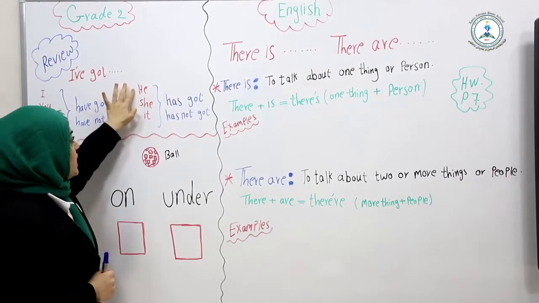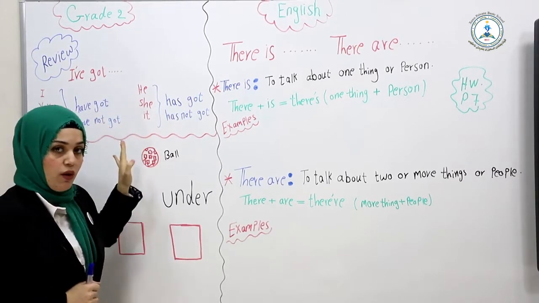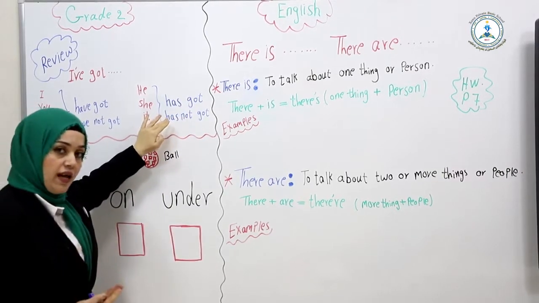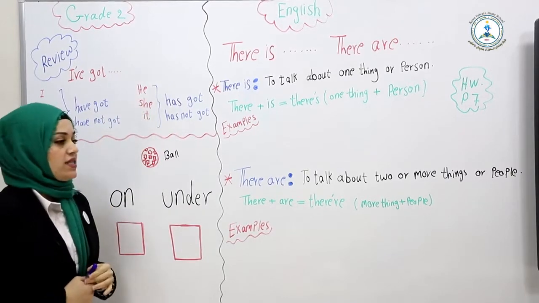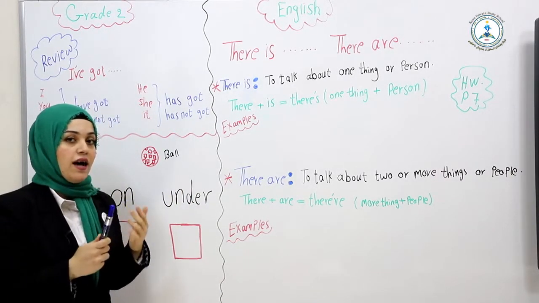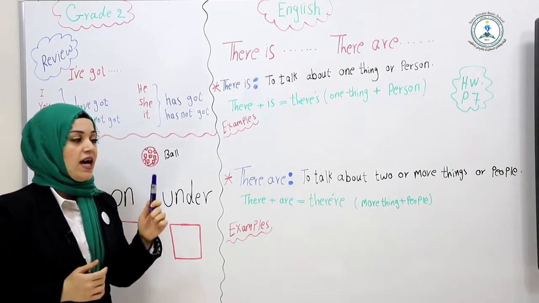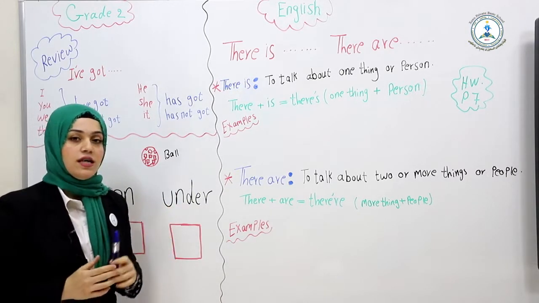Also we have he, she, it. We use these pronouns with has got. If we make it negative, we say hasn't got. So, for example, I say he has got a marker. But if we make it negative, we say he hasn't got a marker.